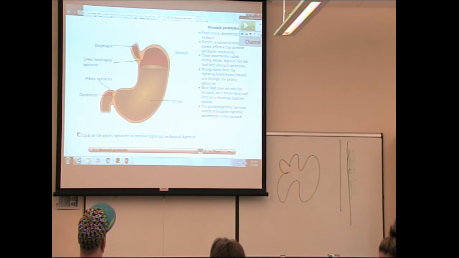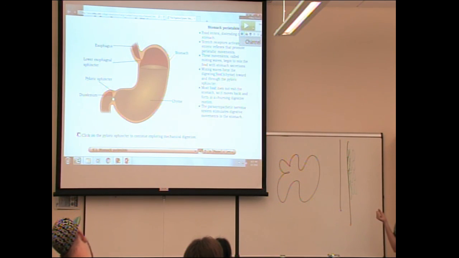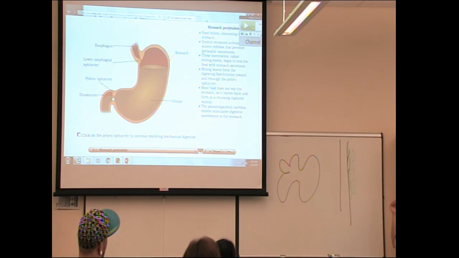Right. So there's the esophageal sphincter, and then between the stomach and the duodenum is the pyloric sphincter. And you saw that basically each time the stomach contracts, only a small amount of digested food goes into the small intestine, so that the small intestine can get just small amounts at a time, so they can effectively deal with it and absorb everything.